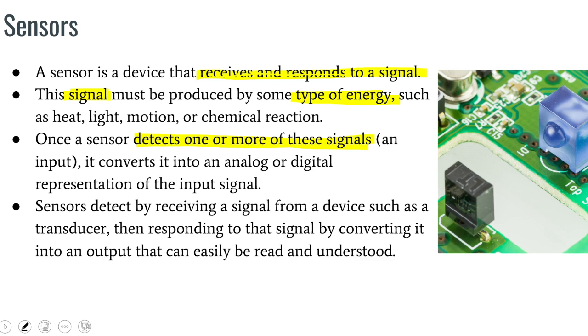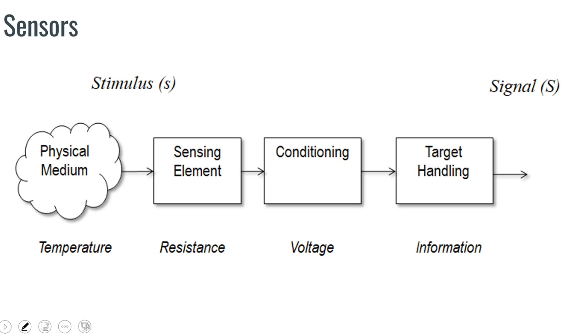The way that we would come across or use signals is, for example, we could take a sensor such as a temperature sensor. In the case of a temperature sensor, the property or the signal that we are going to start with is temperature, generated from the heat energy in the physical medium.